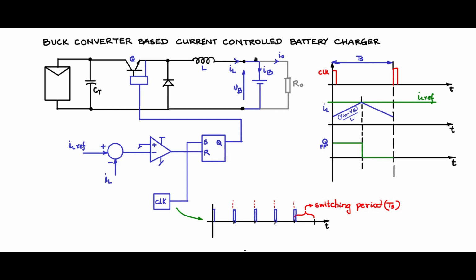This is connected to 0 because it is freewheeling like this, and what is connected to the inductor is minus V0 by L, or minus V0 in this case is minus VB by L. And then again at the new cycle, there is a clock coming in. This will trigger the SR latch, Q goes high. The cycle repeats. So you will have the inductor current rising, and then at the point when IL reaches IL ref, there is a change in the slope. So it keeps happening in this fashion.